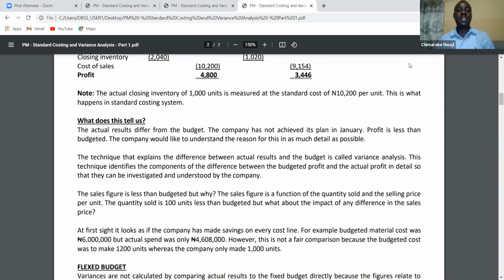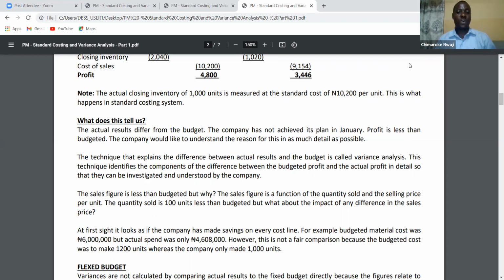Now, at first sight, it looks as if the company has made savings on every cost line. For example, budgeted material cost was 6 million, but the actual spend was 4,608,000. So you see, we've compared sales quantity and we felt that the budgeted sales was higher than the actual sales.